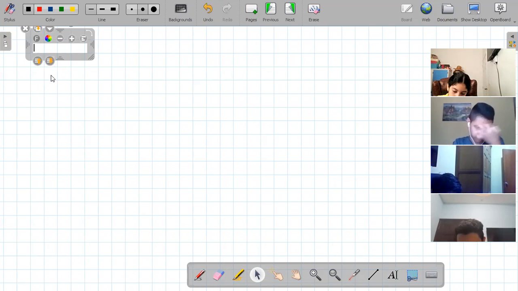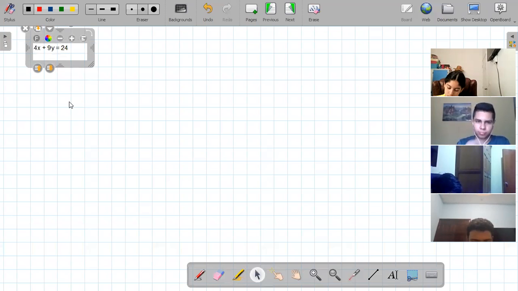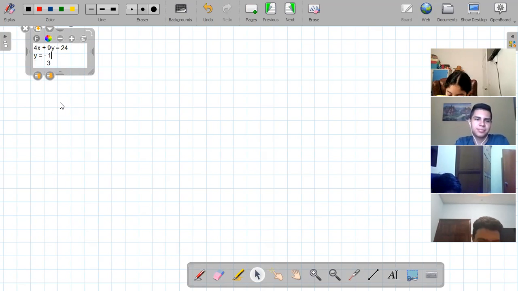So we're going to have 4x plus 9y is equal to 24. And we got y is equal to negative 1/3 x plus 2.